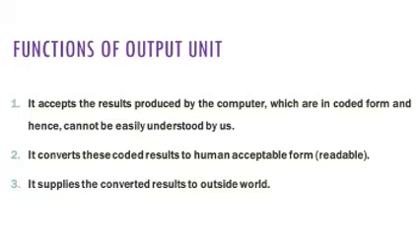Third, it supplies the converted result to the outside world. So here we have the three basic functions of the output unit. The computer accepts the produced results, which will be in binary code, and we cannot read it properly.